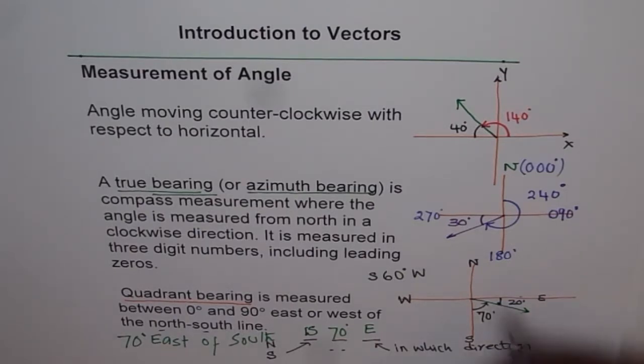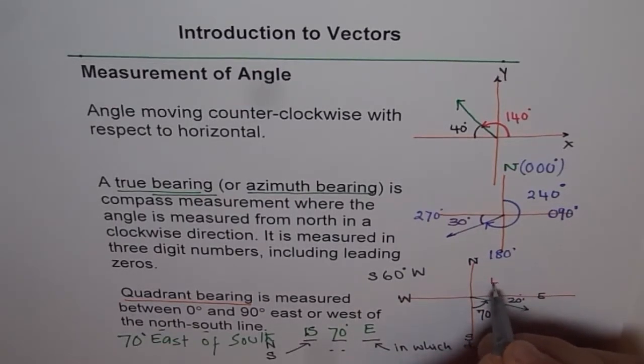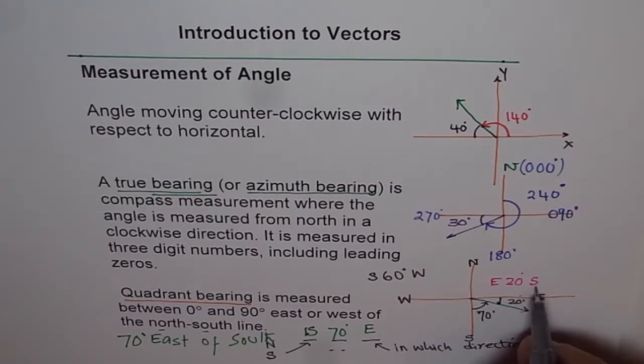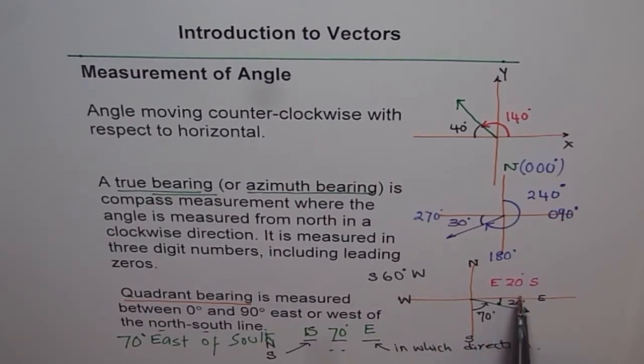So I may write this, which I do not recommend, but let me write this. It could be from east, so I could write this as east, and from east 20 degrees towards south. You may find that in some books, and that means 20 degrees south of east. It makes sense. It's not wrong, correct? But that is not a quadrant bearing angle.